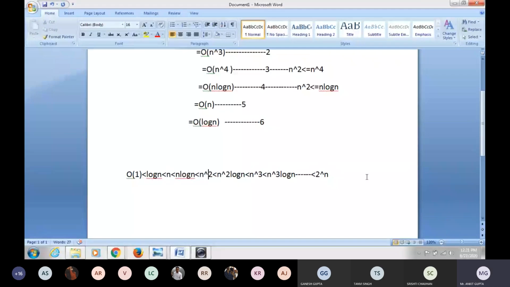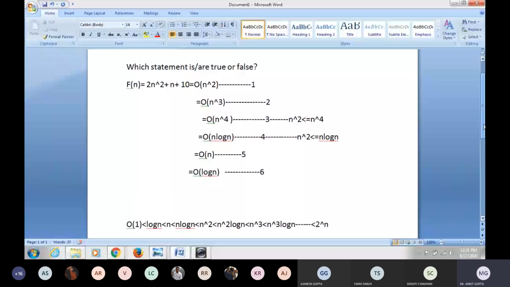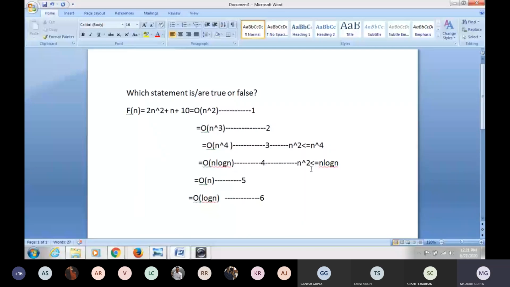So here in the fourth statement, n square less than or equal to n log n, is it true or false? It is false. So first is true, second is true, third is true, fourth is false.